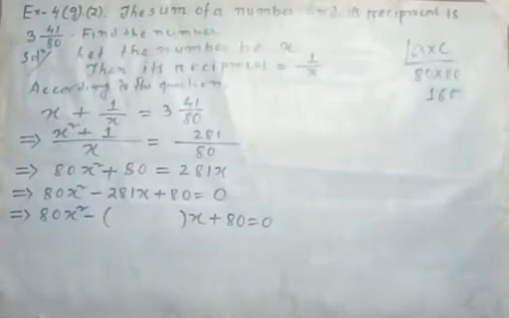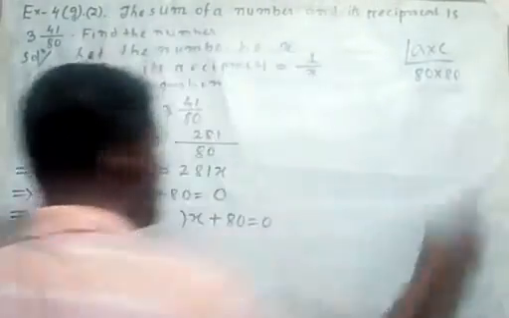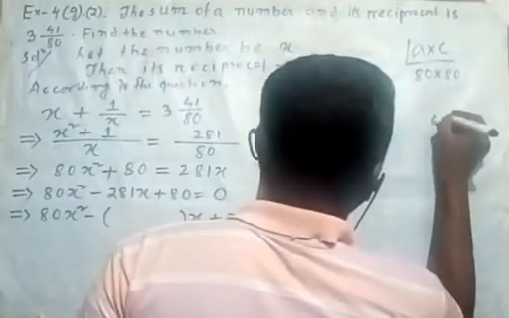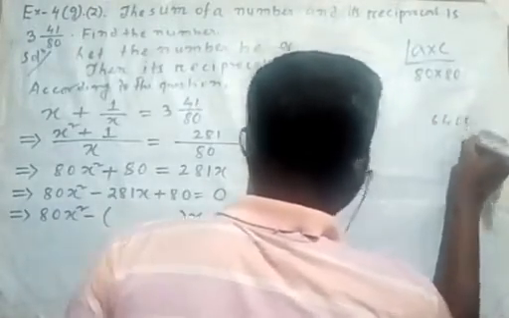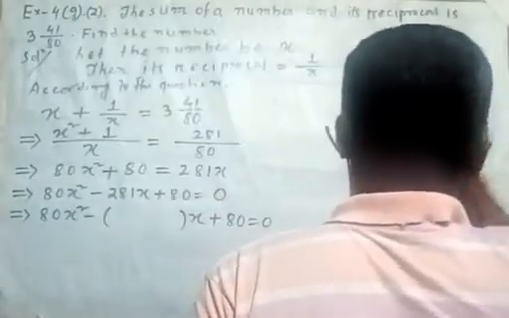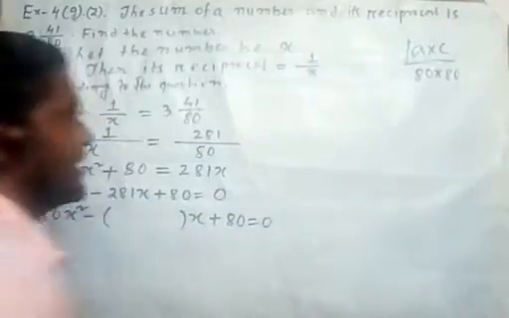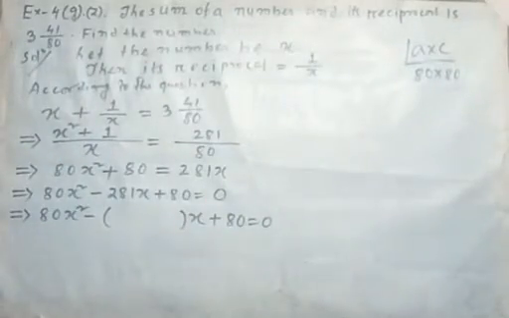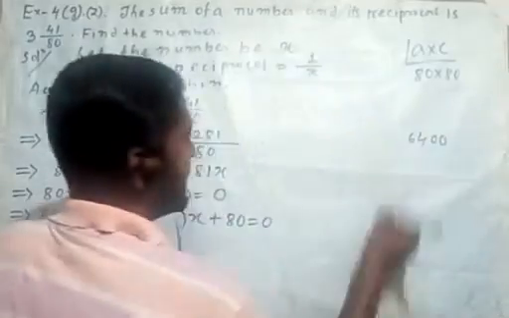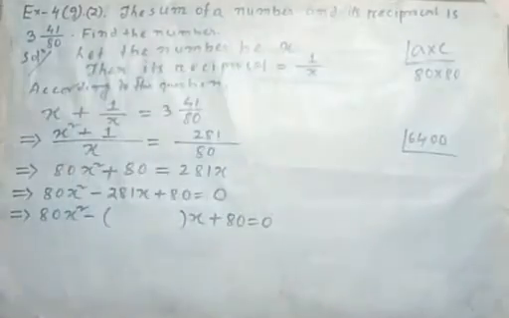How much? 8 into 8 is 64, so it will be 6400. So 80 into 80 means 6400. Take the HCF of 6400.